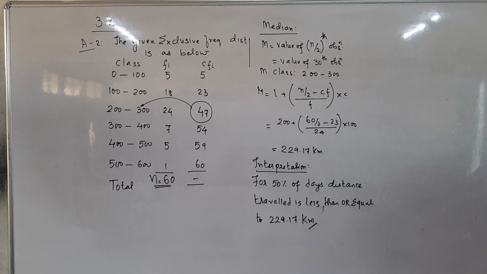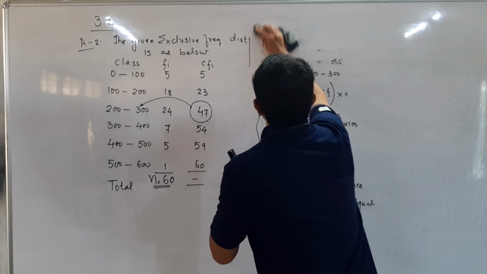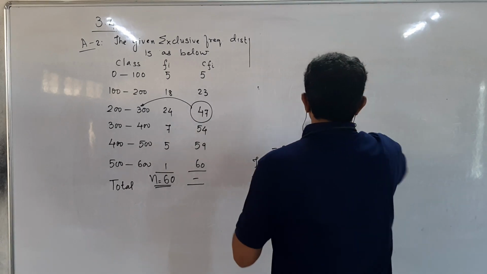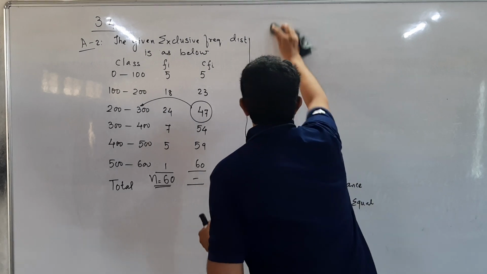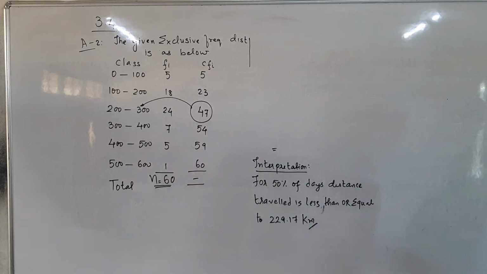Second measure which we have to find, students, is Q3. Okay, students, the next measure which we have to find is Q3. So I am erasing this because I have to write again. Now, all of you pay attention.